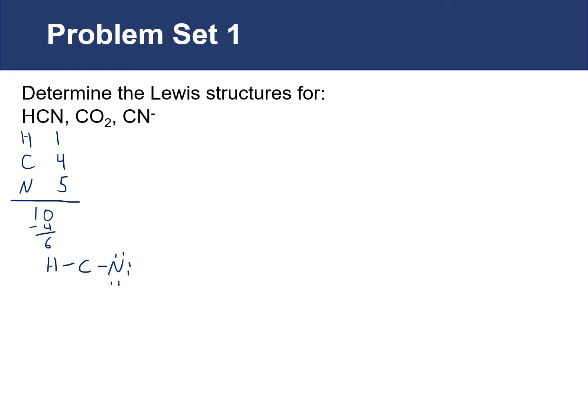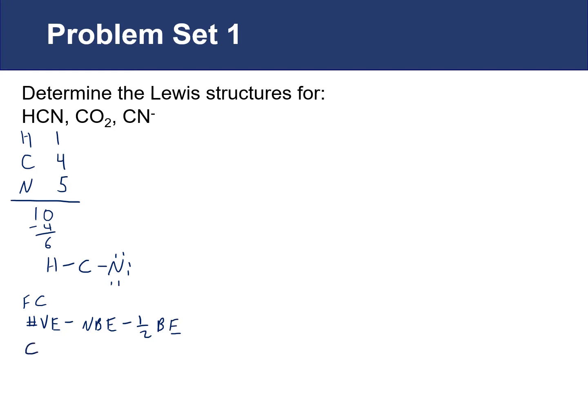We're going to write out our formal charge to determine what we need to do. So for our formal charge, that is the number of valence electrons minus non-bonding electrons minus 1/2 of our bonding electrons.